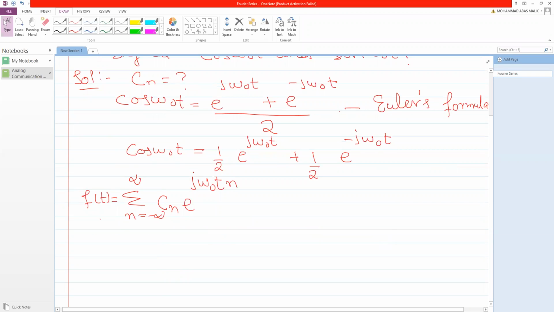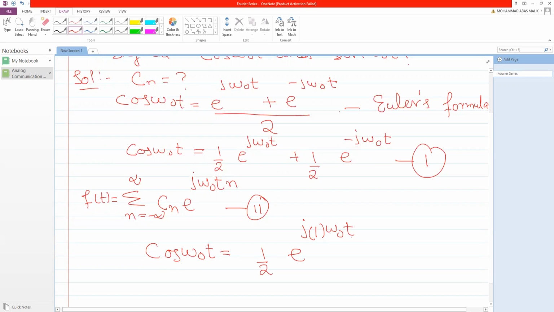What you will do here is compare this second equation with the first equation. On comparison, what you will get? You will get cos of omega naught t as 1 by 2 e raised power j omega naught t, where n will be 1, plus 1 by 2 e raised power j omega naught t, where n will be minus 1.